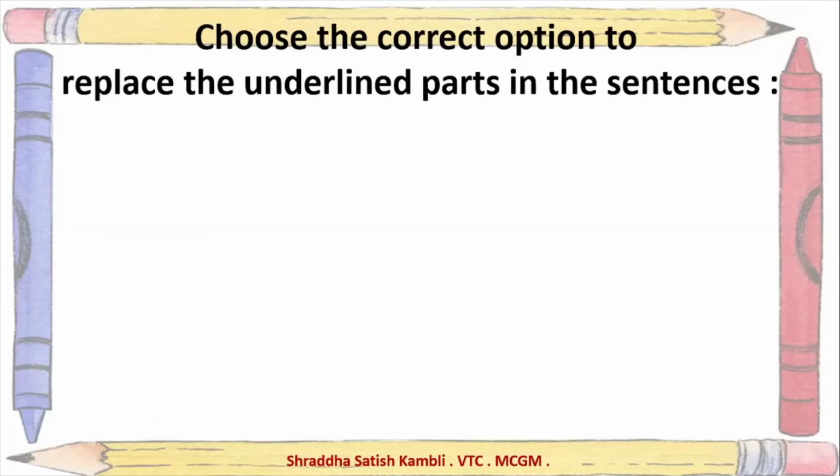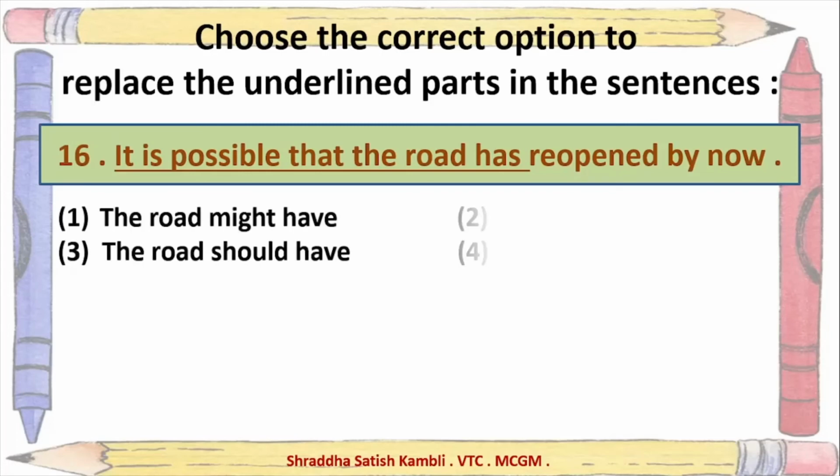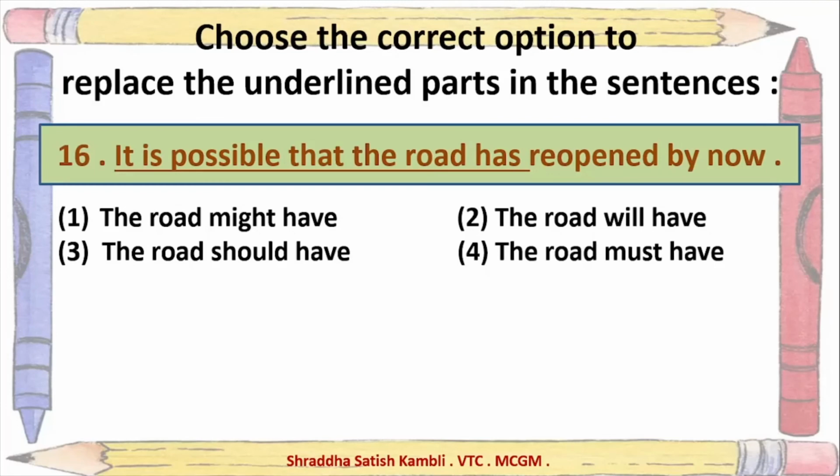Coming to one more example. A few more examples here. It is possible that the road has reopened by now. So again, we are talking about possibility. So think about which phrase can replace this particular phrase. It is possible that the road has. So what will you write instead of it? So will you write the road might have reopened by now?